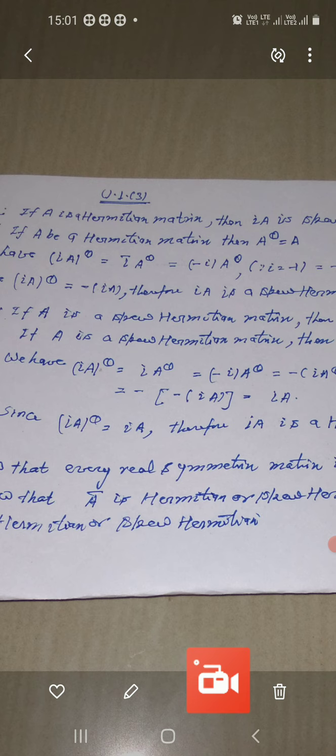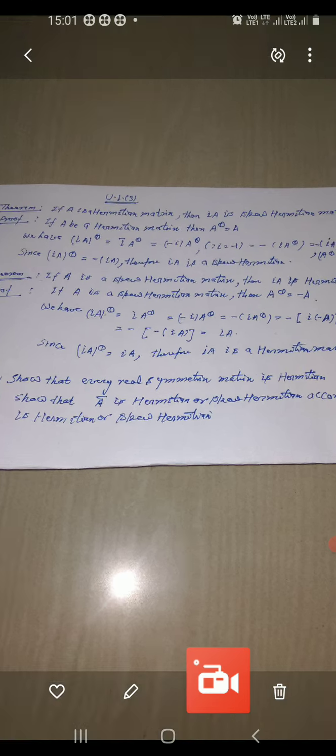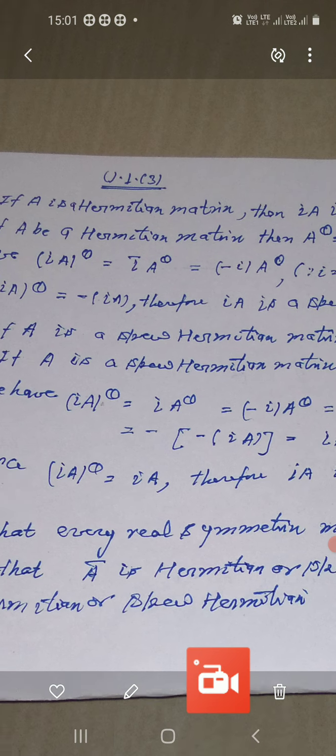Next is some theorem. The theorem is that if A is a Hermitian matrix, then iA is a skew Hermitian matrix. This is a very simple example, and sometimes it is asked in your paper.